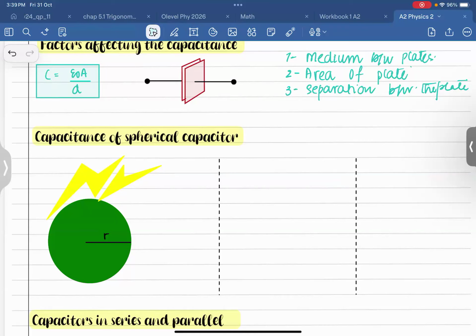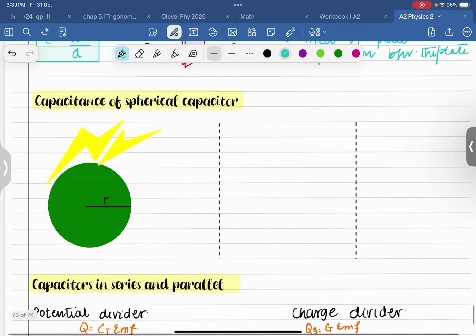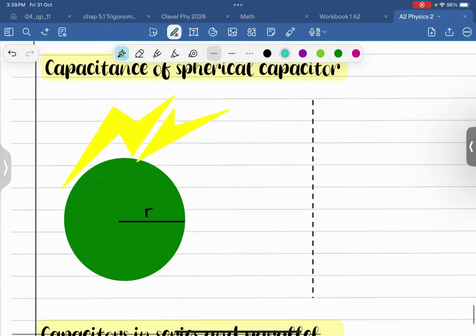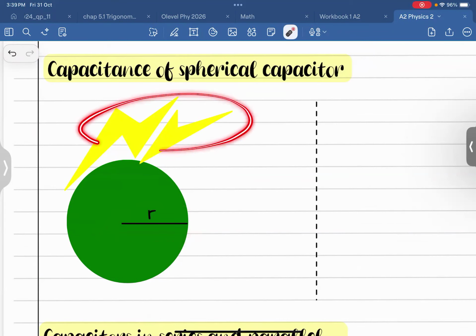The concept is really small. So if you look at the capacitor, this is my capacitor that has a radius r, and I have drawn some sparks on the capacitor that show the energy is getting stored onto it.